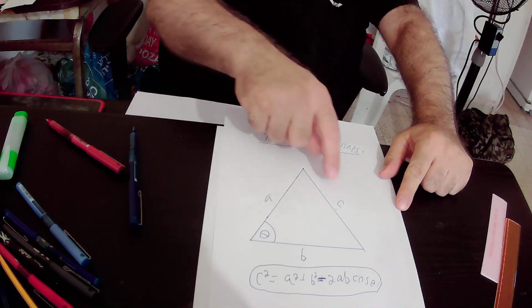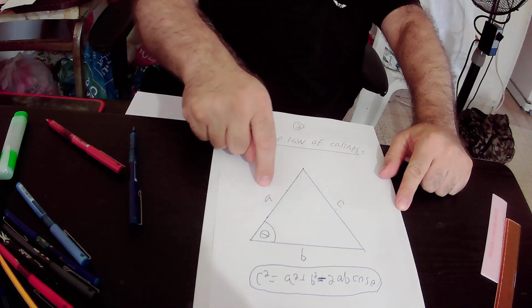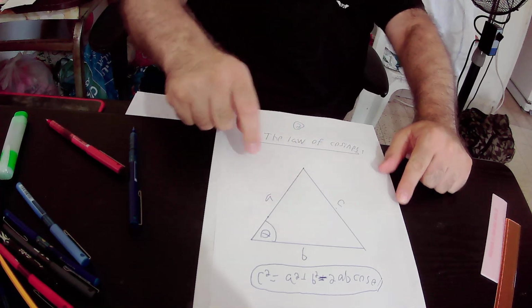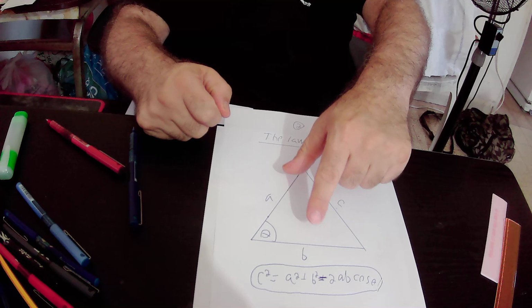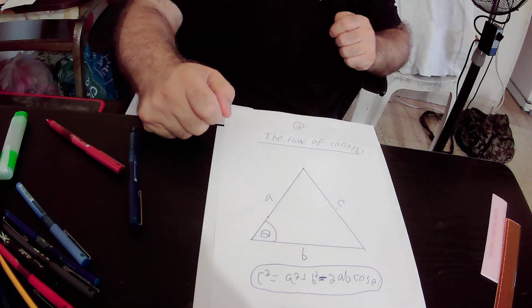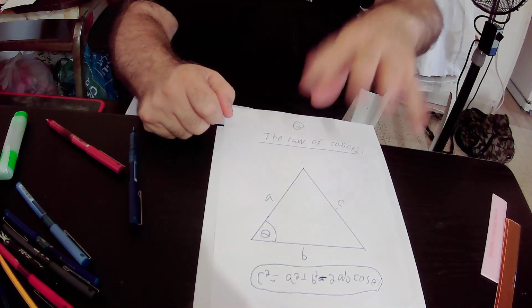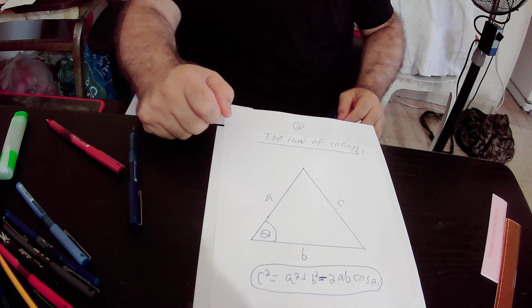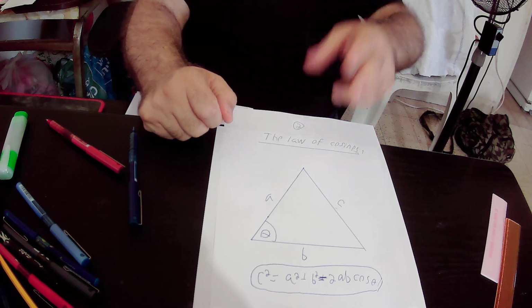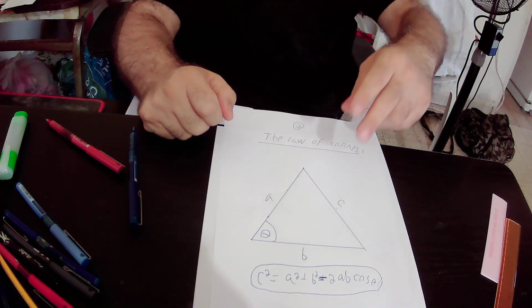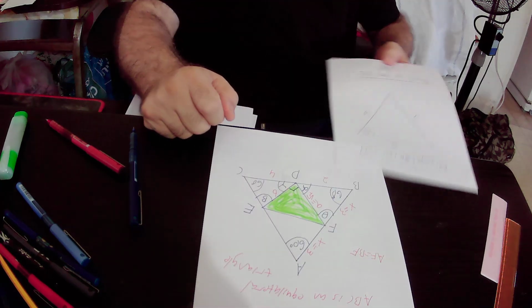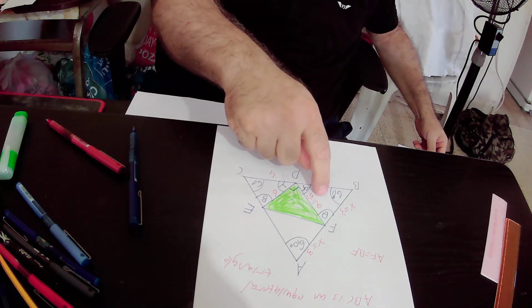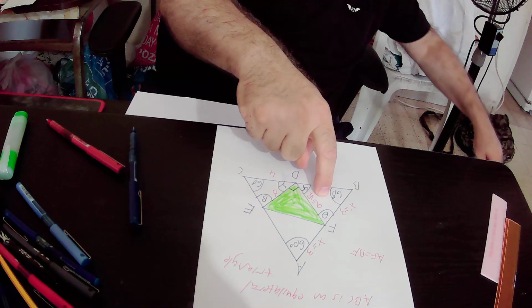That is to say, C squared equals A squared plus B squared minus 2 times AB cosine theta. Okay, it is true for any triangle. Okay, so we can implement the law of cosines in triangle FBD, this triangle.